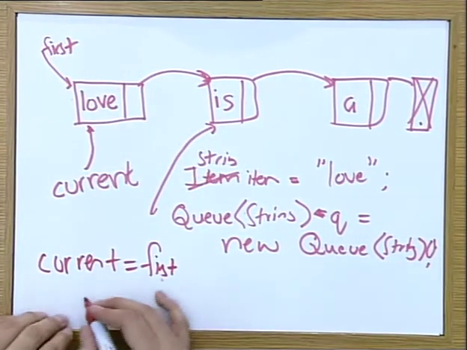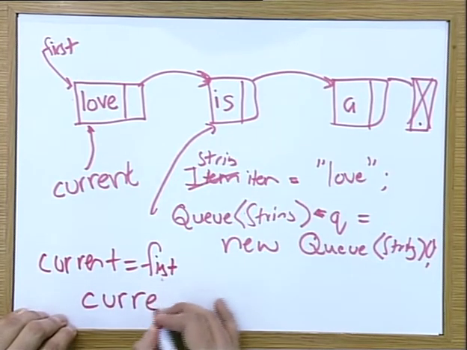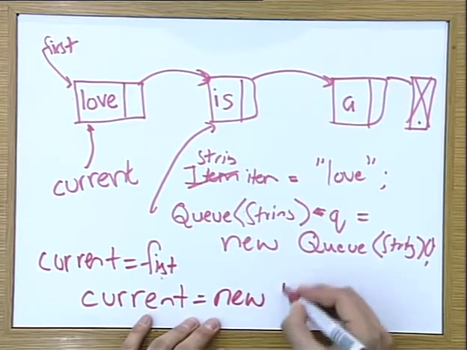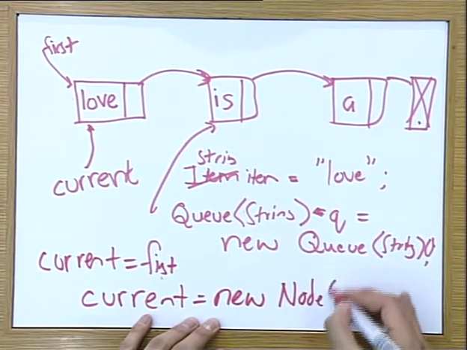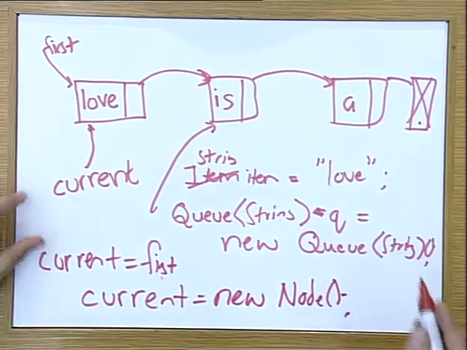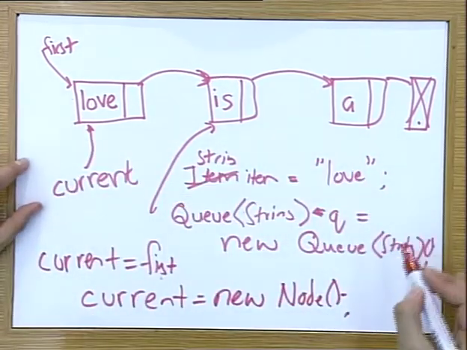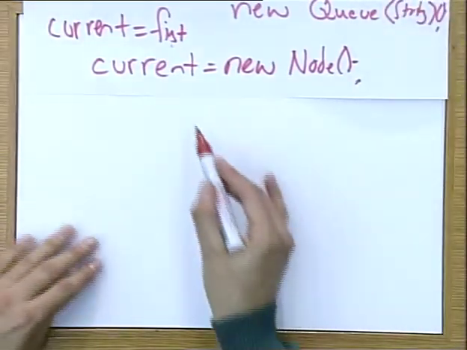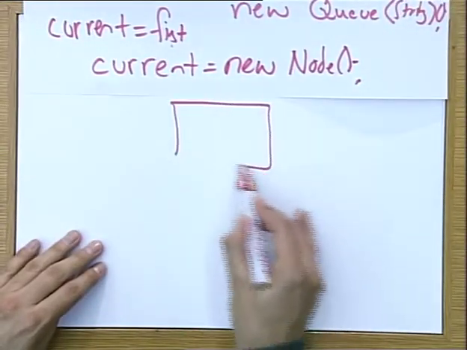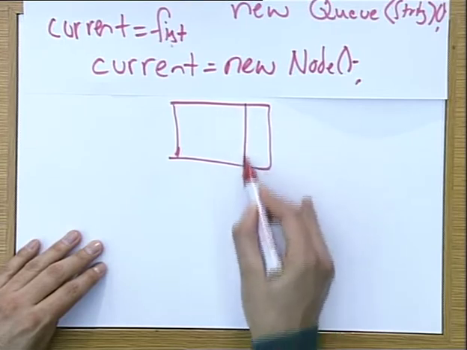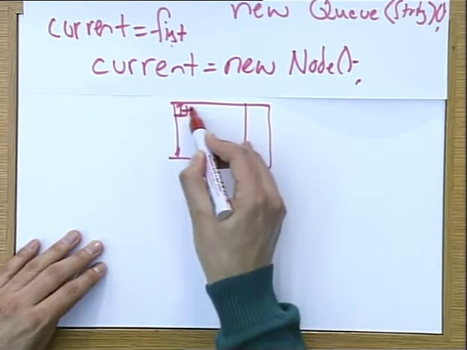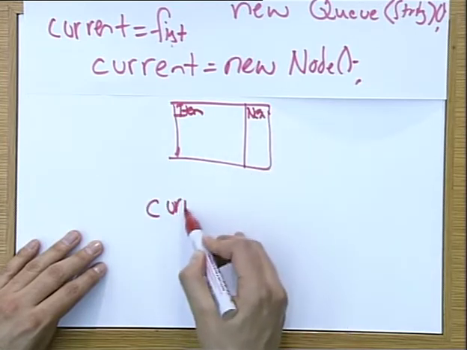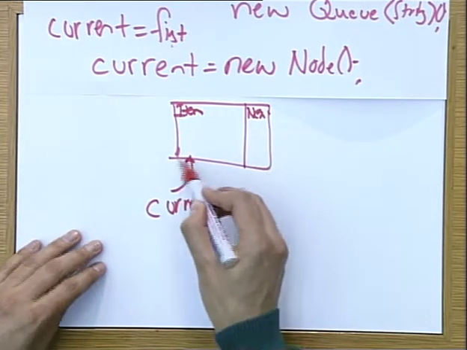However, if I would have written, remember this is now all incorrect code, current is equal to new node instead, what would have happened is that somewhere in memory, a new block of memory would be allocated for the item, for the next, and then current would actually point to this thing.